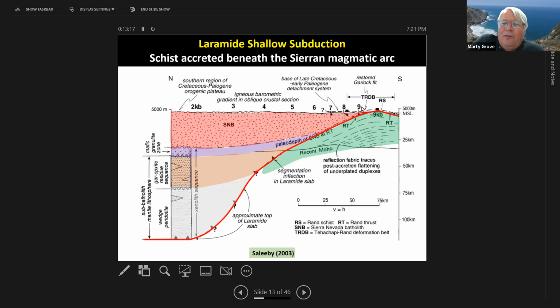So the Garlock Fault is located approximately right in here.